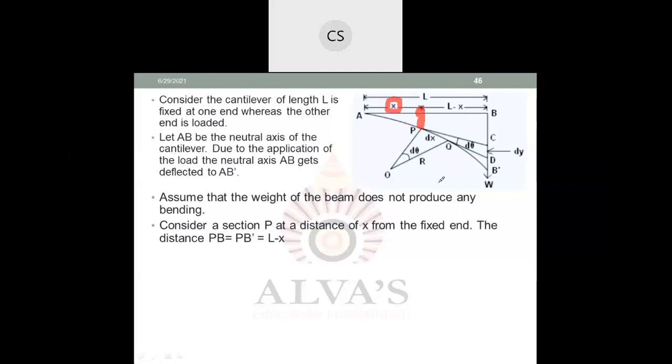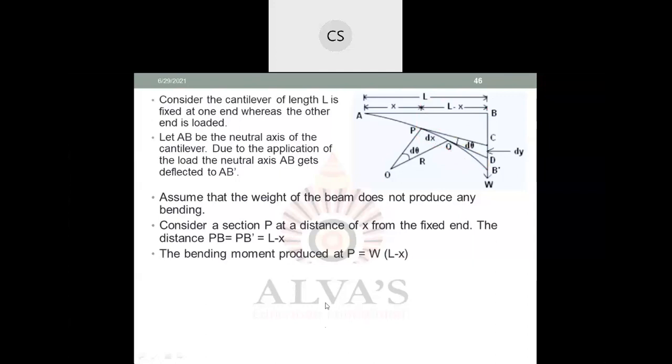What we are going to assume is the distance PB is nothing but this distance, and this distance PB dash, they are approximately the same. I used an equality symbol, but it should be approximately the same. So therefore, PB is equal to PB dash, that's equal to L minus x.